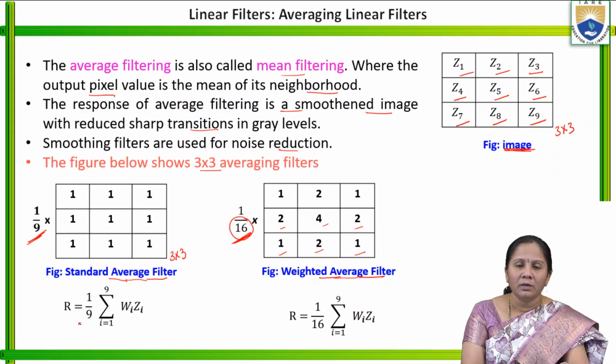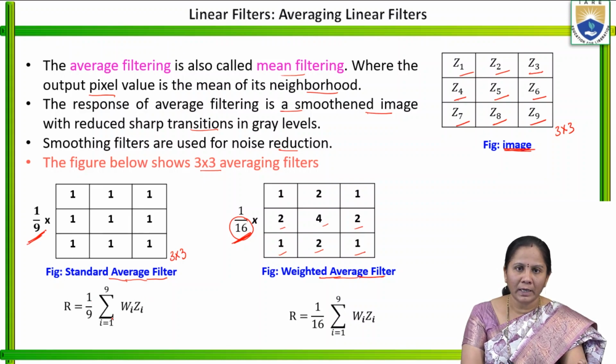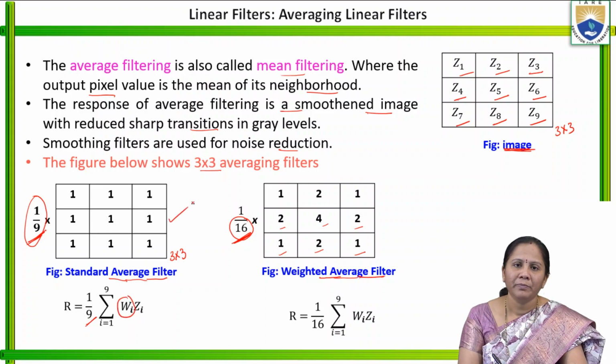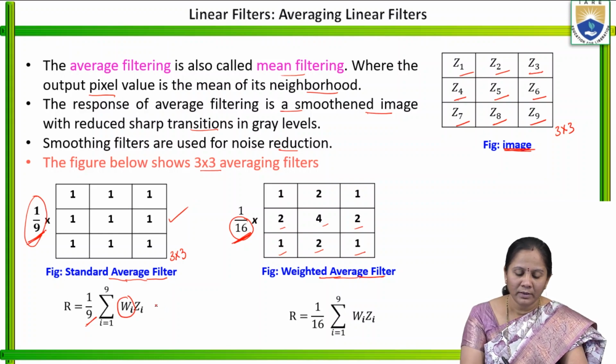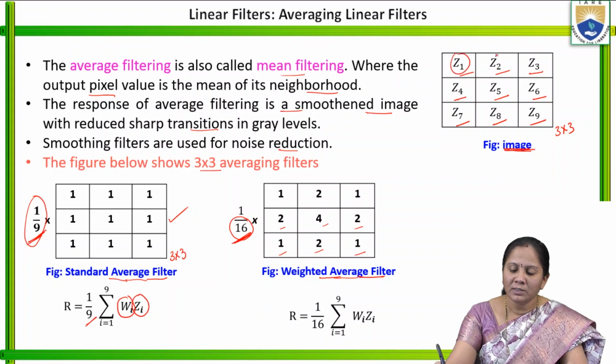So how do we calculate the output pixel value? R is equal to 1 by 9, sigma i equal to 1 to 9, Wi into Zi. We got 1 by 9 from here. Wi represents the weights; in this standard average filter, the weight is equal to 1. Zi represents the pixel values present in the image.